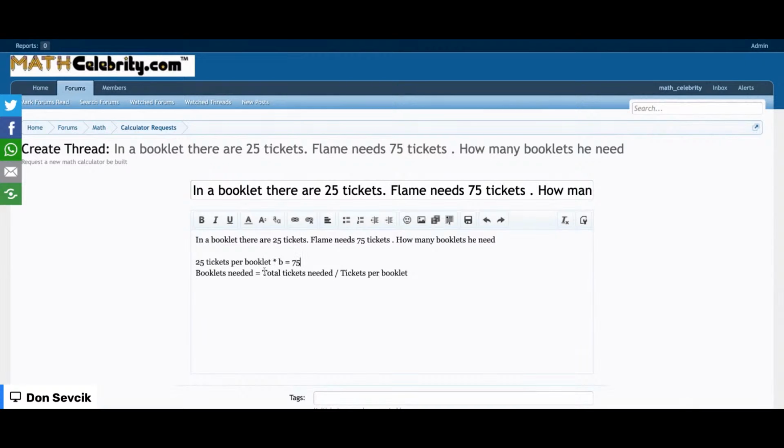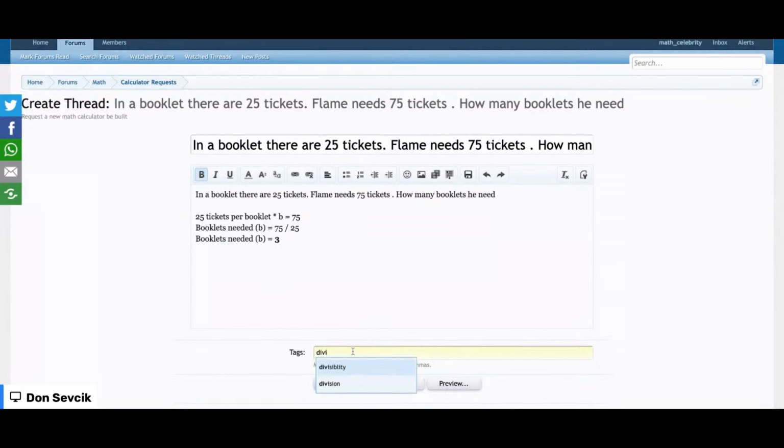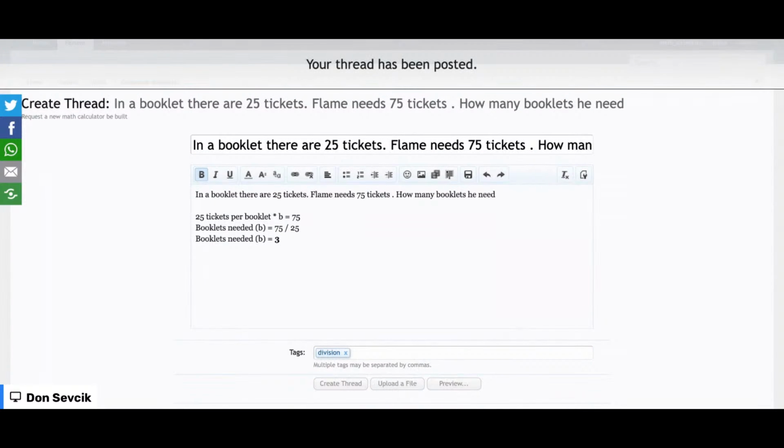And if we divide, solving for B, we get 75 over 25, right? We could do it that way because that's a little easier to understand. Therefore, booklets needed: 25 tickets per booklet, they need 75 tickets, 75 divided by 25 is 3. And that is how we get our answer.